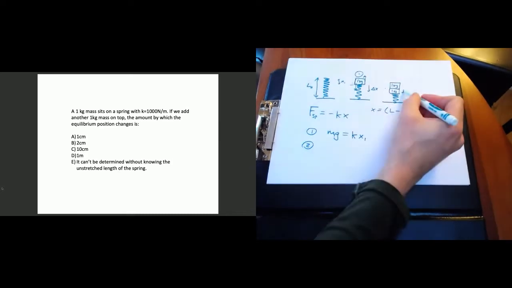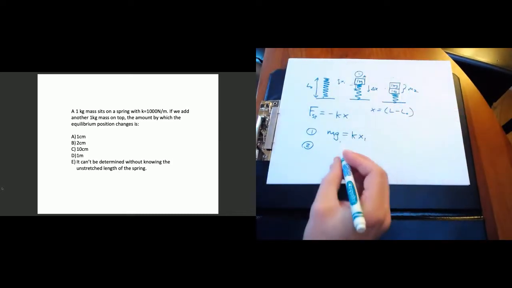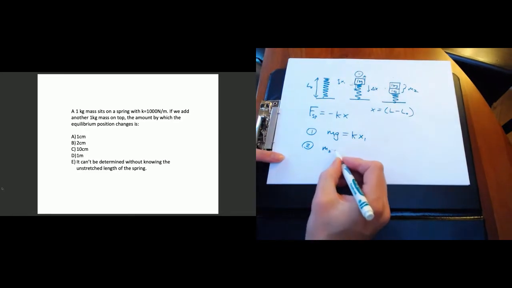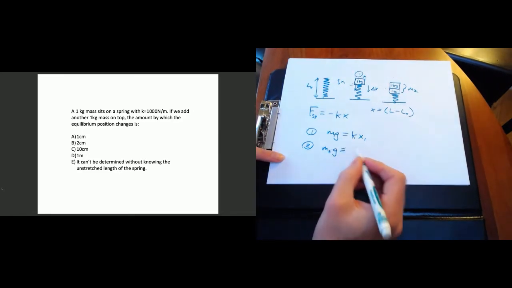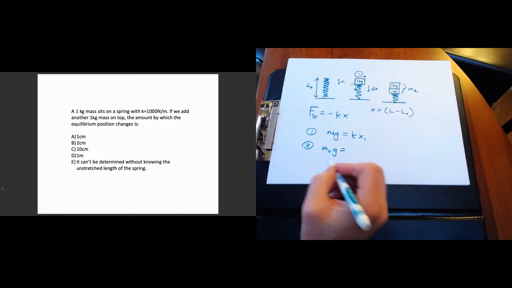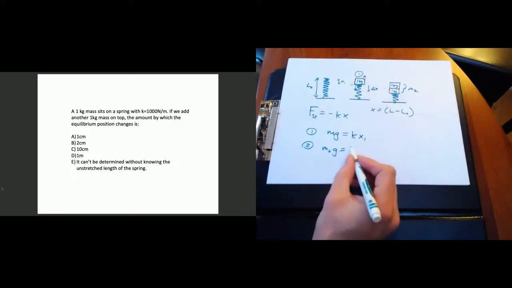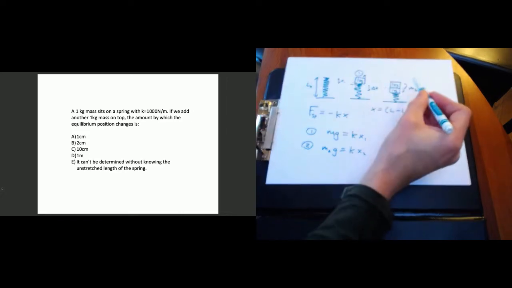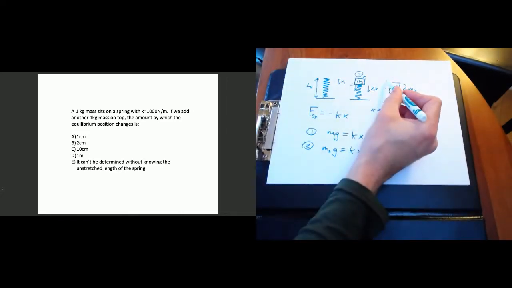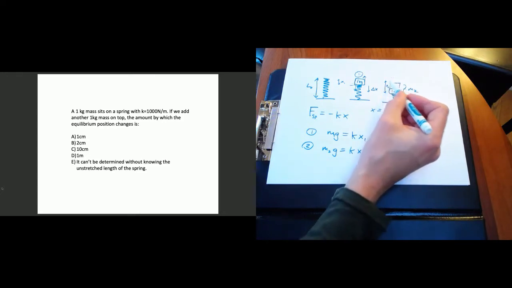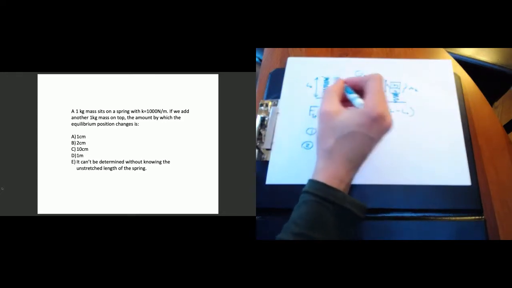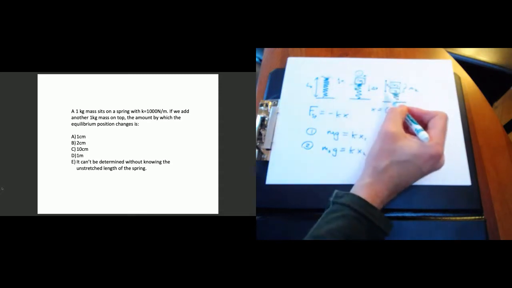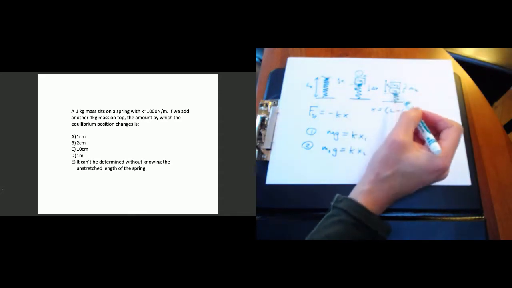Similarly, if I call this m2, we can say that in the second situation where we're also at equilibrium, then the downward force due to gravity, which is m2g, is equal to k times x2, where x2 is the total stretching, the total compression. So x2 is the distance between the unstretched length and this compressed length here.